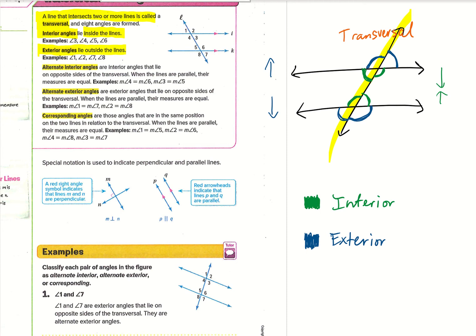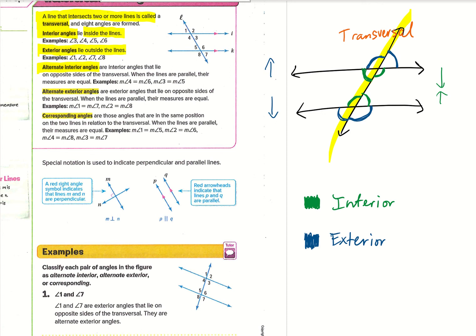Now, with those, we have a few extra pieces to it. We have alternate interior angles, alternate exterior angles, and corresponding angles.